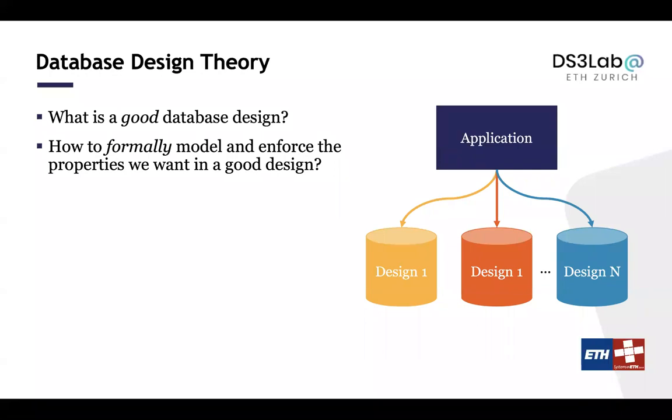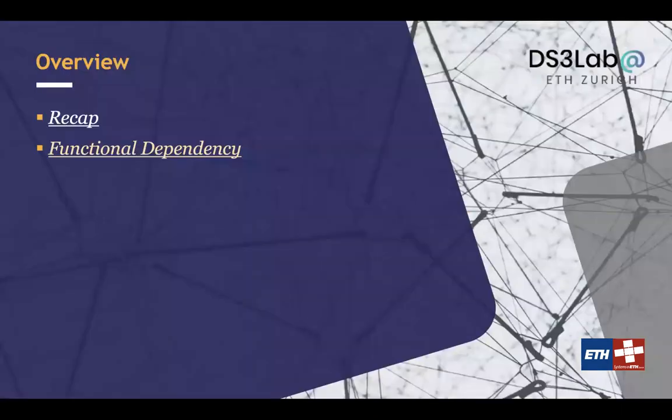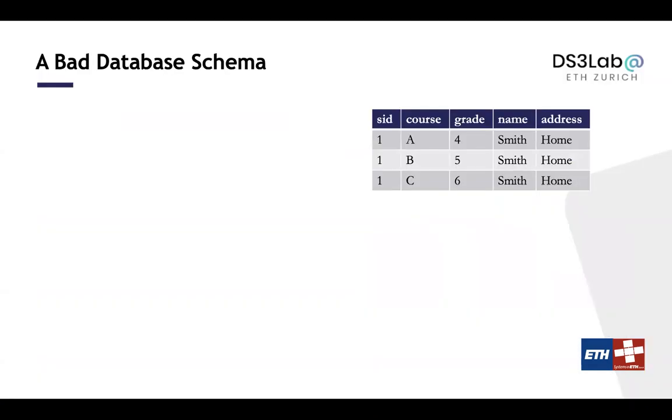To answer that question, we want to formally model and enforce the properties that we want in a good database design. And that is what we are going to talk about today. So today we are going to introduce a notion called functional dependency, which will be the core of how to reason about a good design that we are going to keep getting back to in the next couple of lectures.